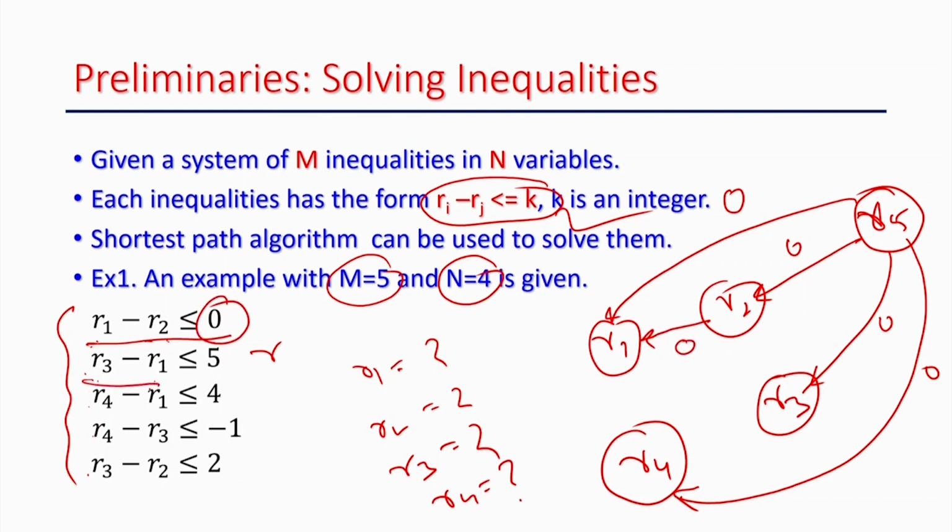For example, for 1 to 3 I add an edge of weight 5, for 1 to 4 I add an edge of weight 4, from 3 to 4 I add an edge of weight minus 1, and from 2 to 3 I add an edge of weight 2. So this is that graph representation.